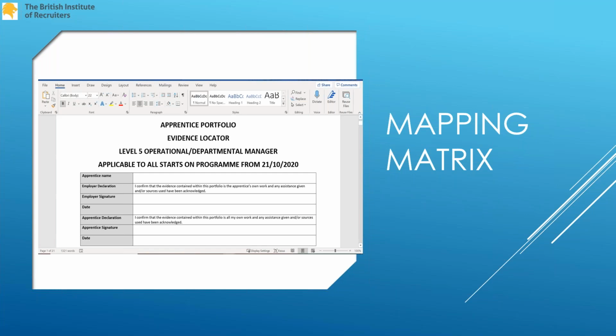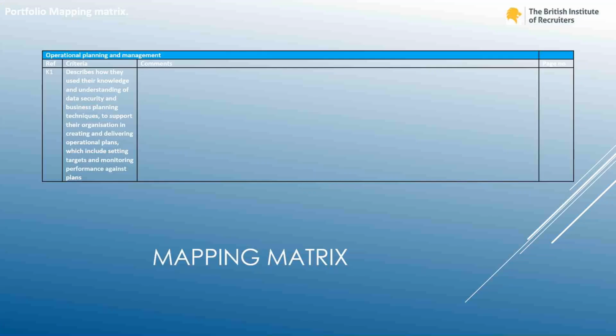Within that portfolio of evidence locator, which is your mapping document, you will also have boxes similar to this, which will give you the KSB relating around the area that's going to be assessed within the portfolio of evidence and the criteria that it meets.